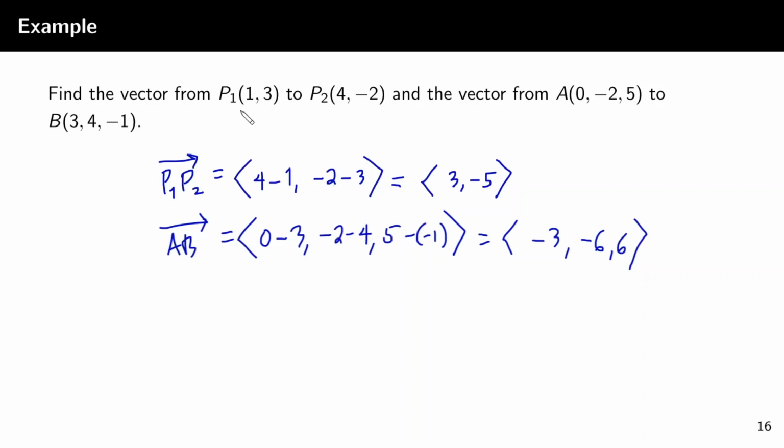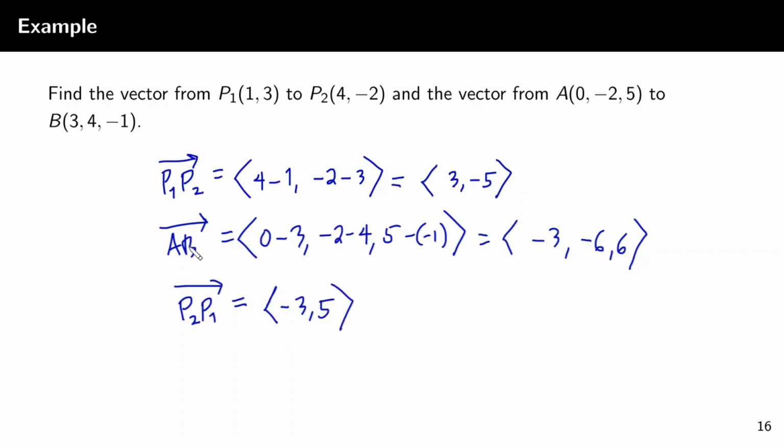So take note na yung vector from P1 to P2 is different from the vector from P2 to P1. It will have the same magnitude but it will have the opposite direction. Ganun din, the vector from A to B is different from the vector from B to A. So mangyayari, if we want to get the components of the vector from P2 to P1, i-apply lang natin yung multiply natin ng negative 1 yung mga components ng vector from P1 to P2, magiging siyang negative 3, 5.